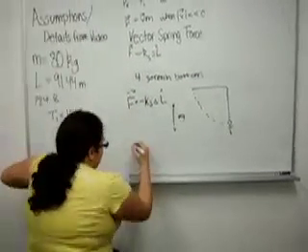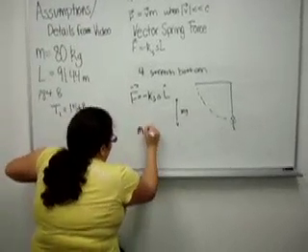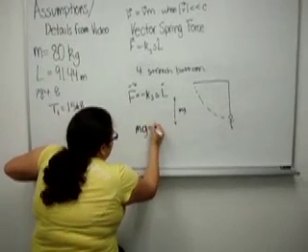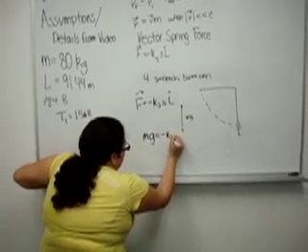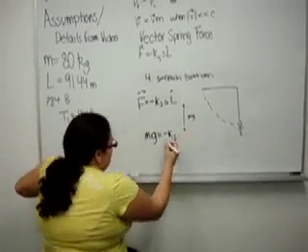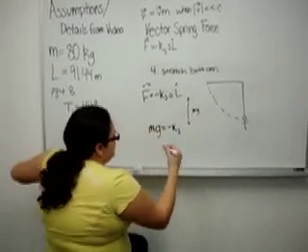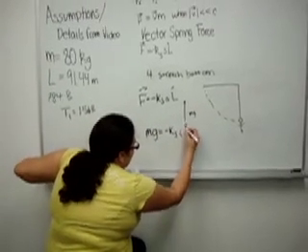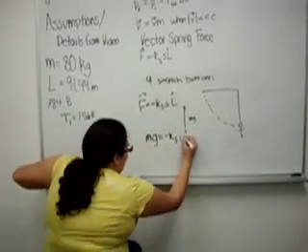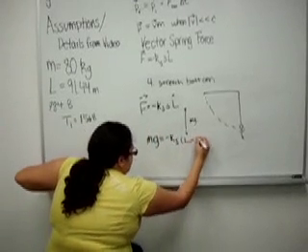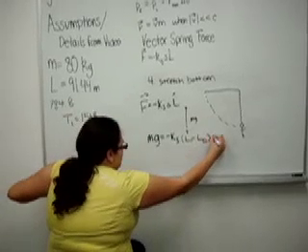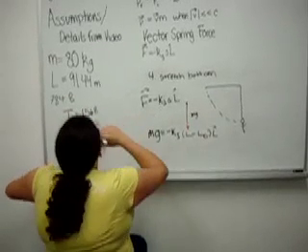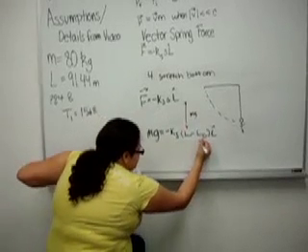So we have mg is equal to the spring constant of the rope. In order to calculate the stretch, we have S, which is L minus L initial, and L initial was given before as 91.44.